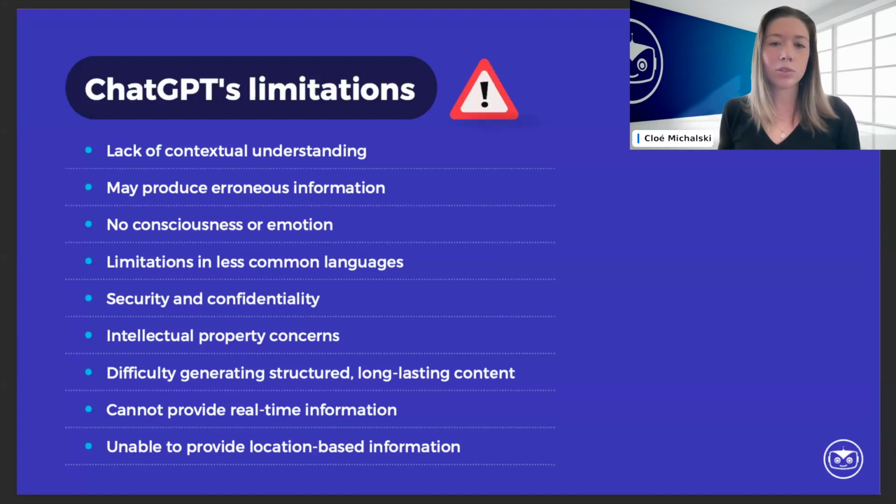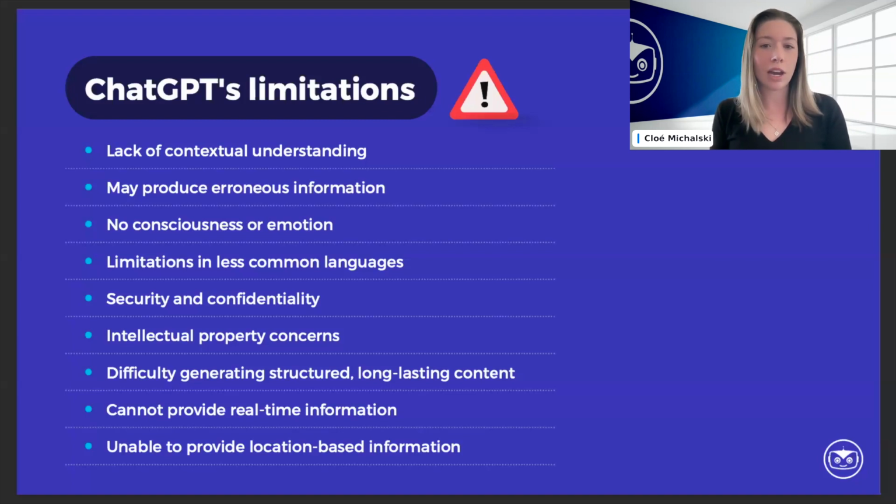It can also produce erroneous information. Sometimes ChatGPT generates results that are not entirely accurate or appropriate. The model is based on patterns it has learned from the data it has been trained on, so it may generate answers that are factually incorrect or contain false information.